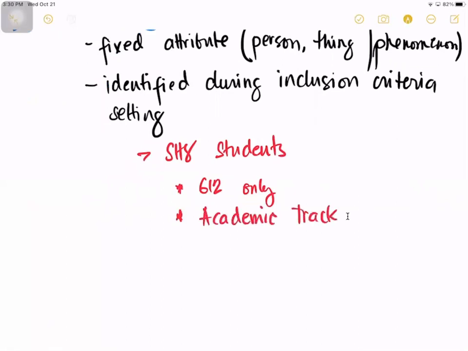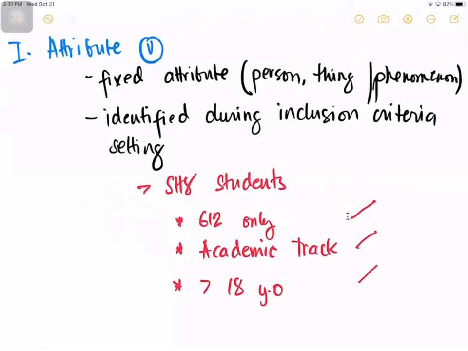And they should not be less than 18 years old, so only 18 years old and above. So your grade 12, your academic track, and your 18 years old all can be identified as your attribute variables. And remember, these variables cannot be changed or manipulated by the researcher because they are inherent to the person or object that you are selecting. Okay, next.